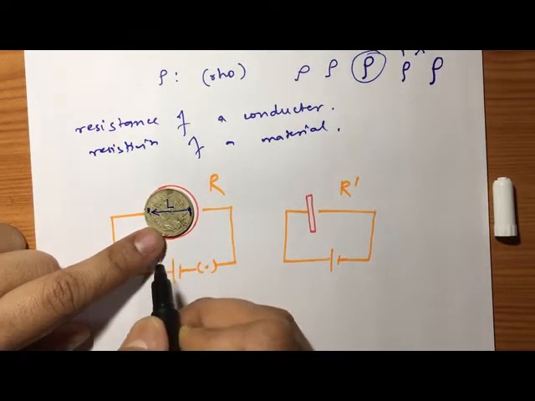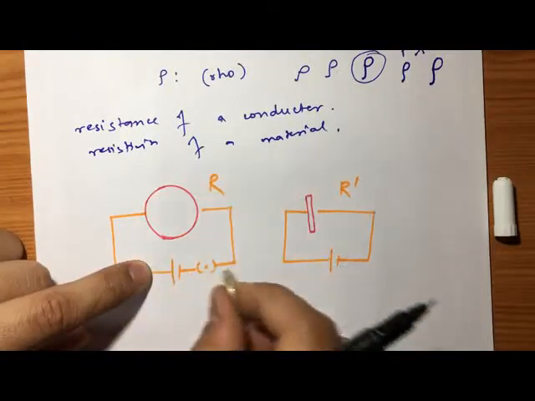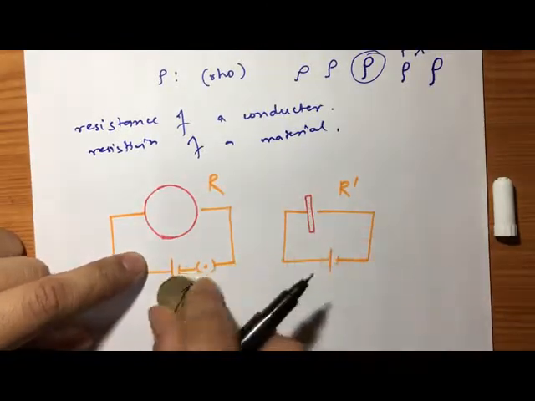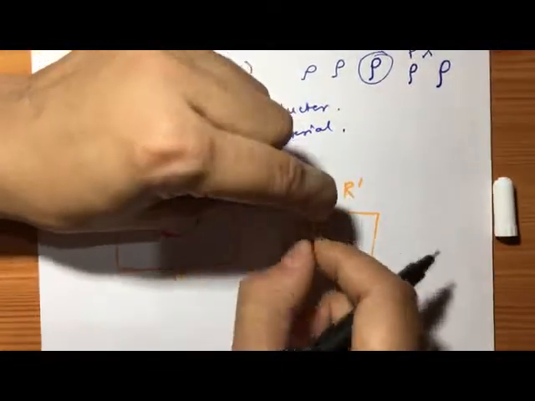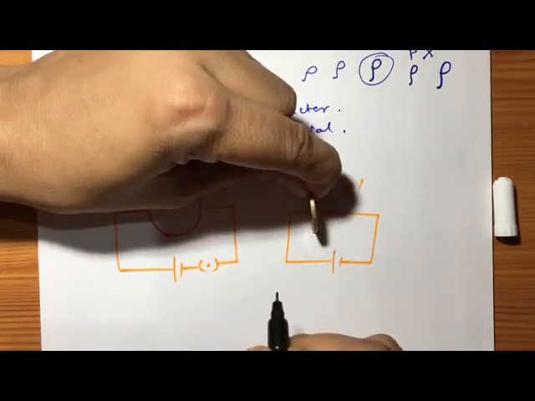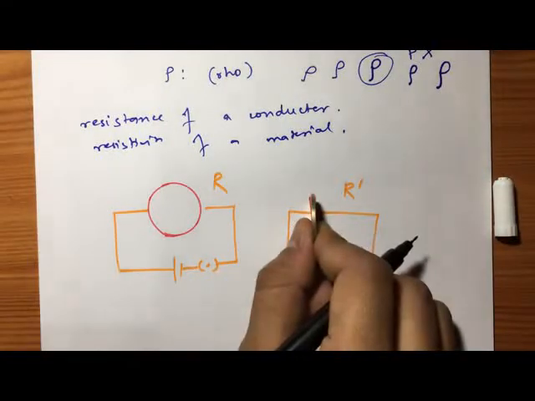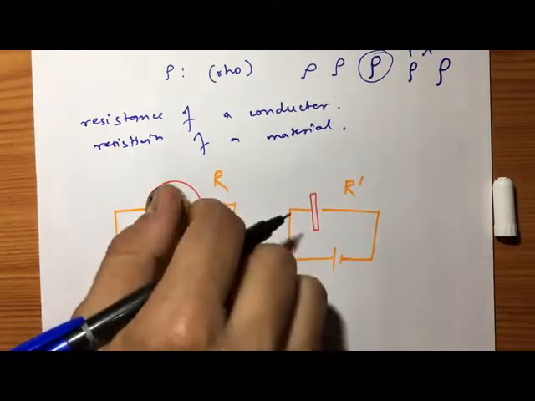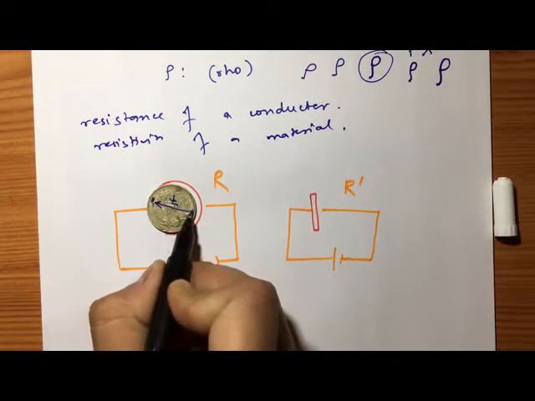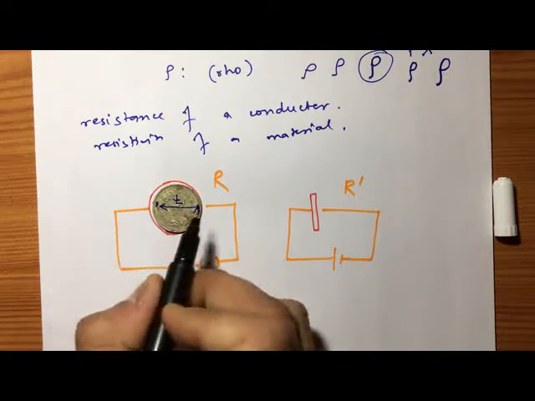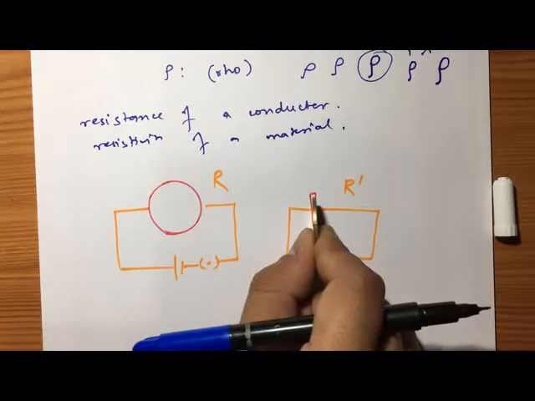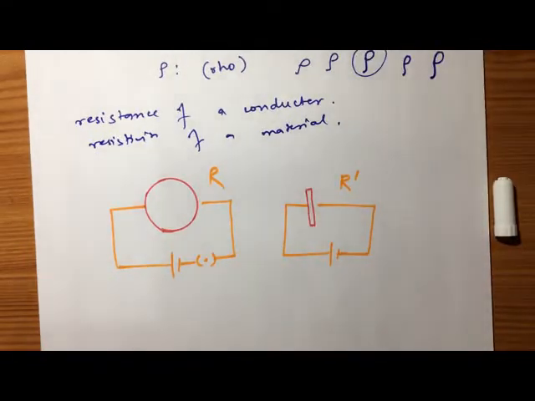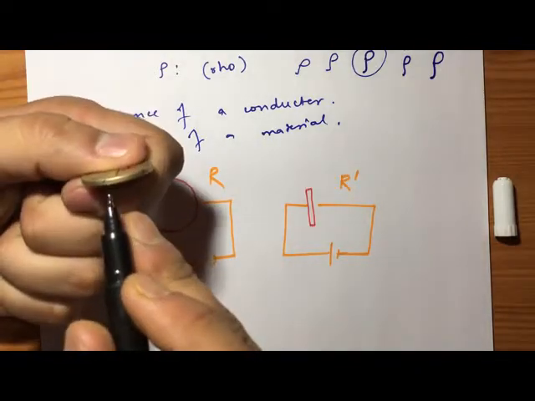But in this case it has to travel from this face to this face, that is, its length is short, okay. The length of the coin is short. In the first case the electron has to travel through a larger distance, and in this case through a shorter distance. That is the first observation. Moreover, look at the area of cross section.